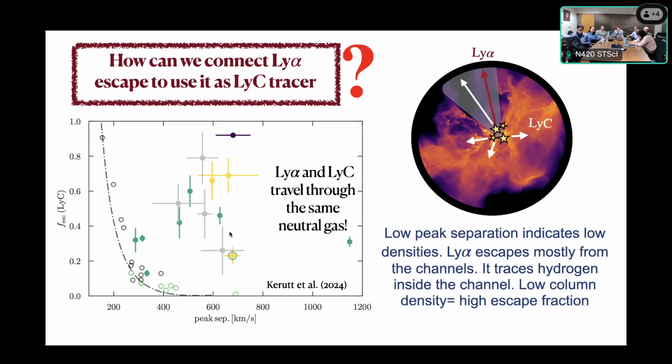One other question is, do you see some line of sight variation? I don't know how you model this in an isotropic medium, but when you measure the Lyman-α profile and escape of Lyman-α, maybe for both Lyman-α and Lyman continuum, do you see line of sight variation in your experiments? Yeah, of course. If we change the line of sight, we will see different line profiles.